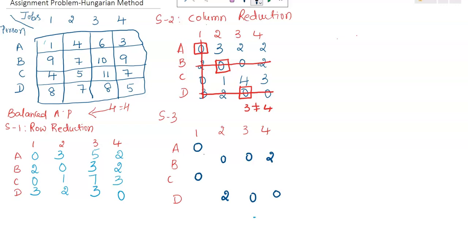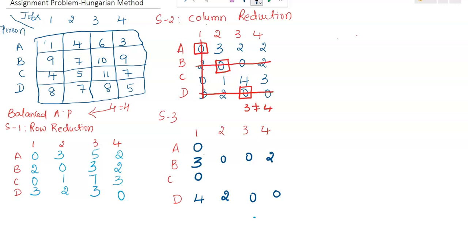So here 1 is the minimum value. This minimum value we have to add to the intersecting point. So here the intersecting point is 2, so 2 plus 1 is 3. Here in the D, the intersecting point is 3. The minimum value is 1, you have to add. So 3 plus 1 is 4.